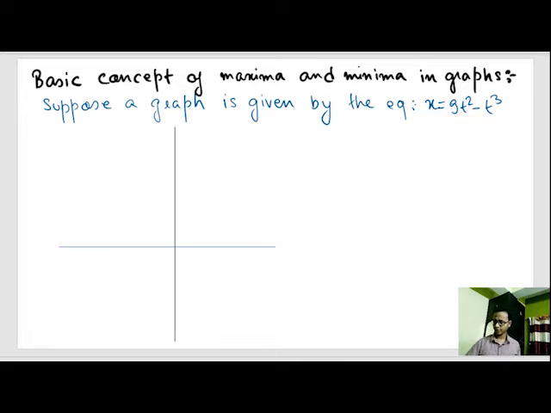Suppose this is the equation of the graph. Okay, so I know how this graph looks like. Now you say, but sir, we don't know how this graph looks like. Good for you. You don't need to know. You just need to know the concept. Now observe something.